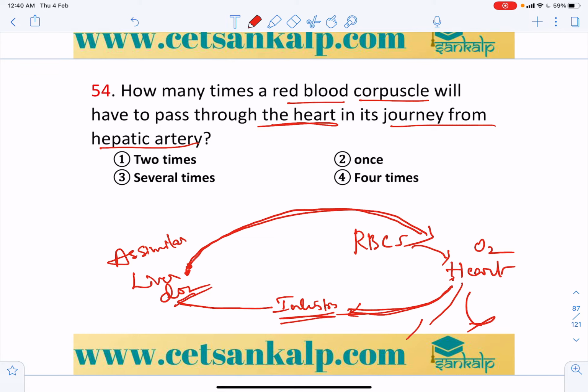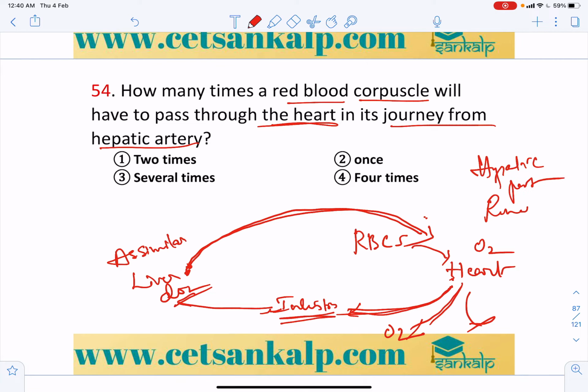That is the hepatic artery, which brings the oxygenated blood. So first it will pass with all those contents, and here we can also consider the hepatic portal system.